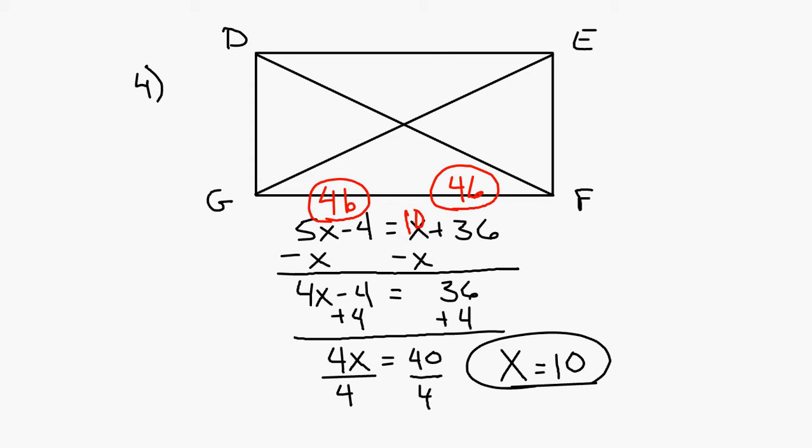In number 5, you're told that the shape is a rectangle and that K to M is 4x plus 10, and that's a diagonal. And you're told that L to N is 46, and that's another diagonal. So the diagonals in a rectangle are equal to each other.